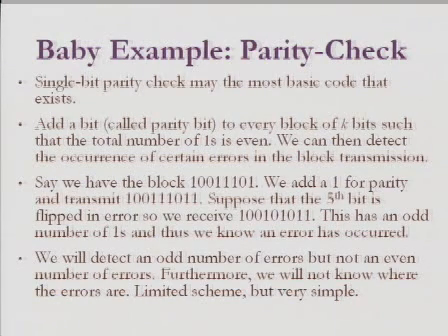It only detects an odd number of errors. If we have an even number of errors, the error goes undetected. But you get the idea, right? We added a bit of redundancy. So we had 8 bits, and we went to 9. So we pay a small price. We had 1 extra bit. But we can now detect all the occurrences of an odd number of errors.